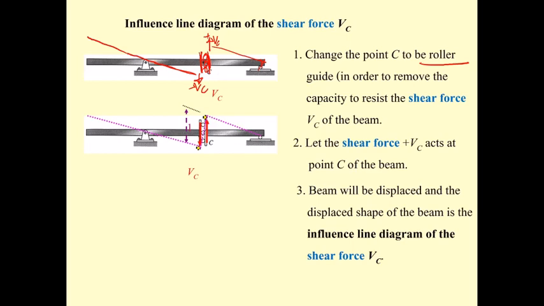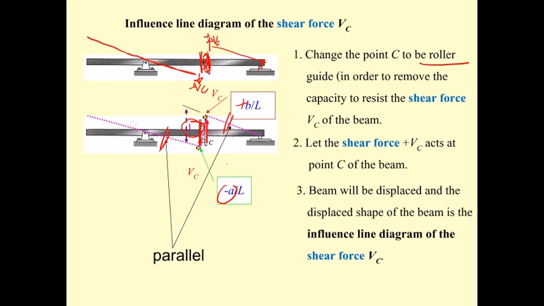That is going to be the influence line of shear force C. It is important to note again that the summation of this difference is going to be 1, and these lines are going to be parallel. The value on the left-hand side is going to be minus A over L, and on the right-hand side it's going to be plus B over L. This is going to be minus and parallel.